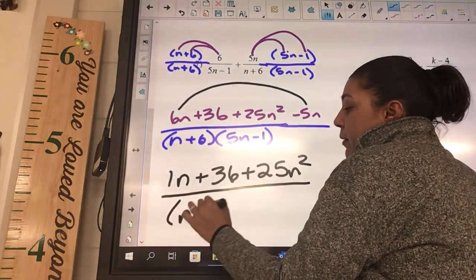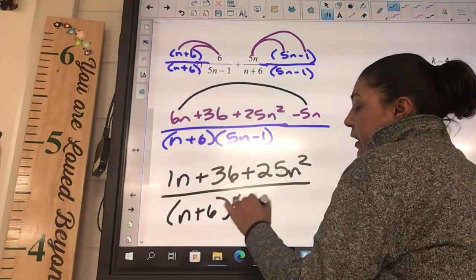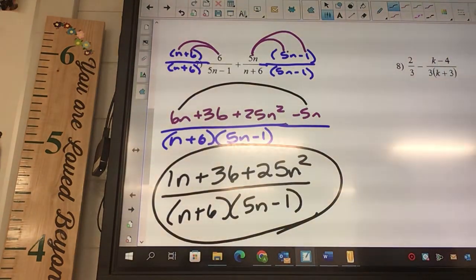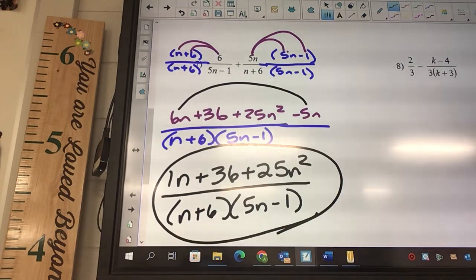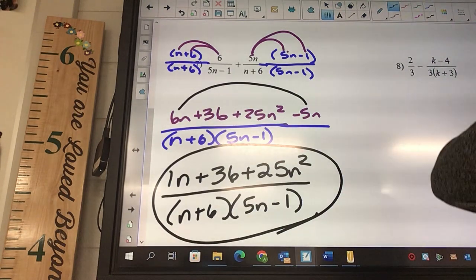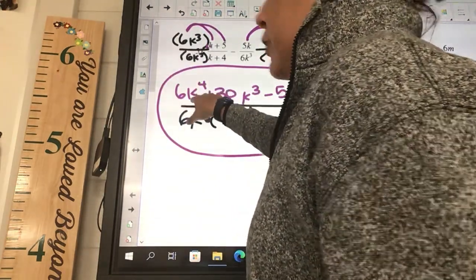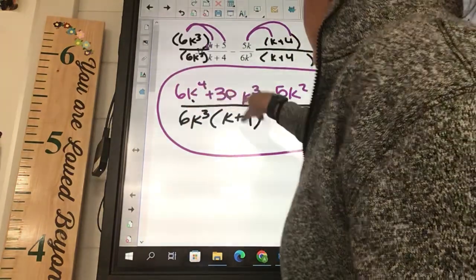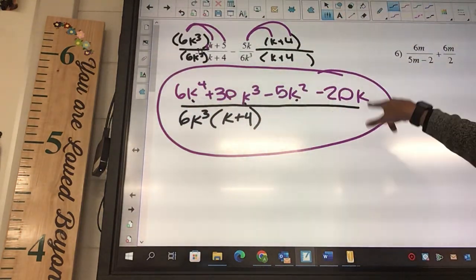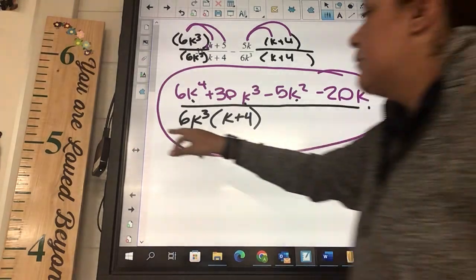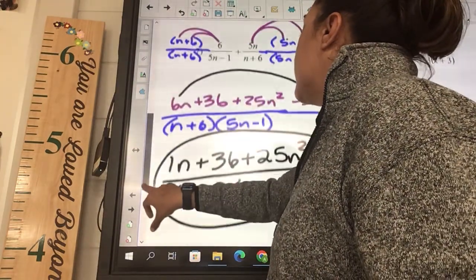And on the bottom, I've still got that n plus 6 and that 5n minus 1. So the proper way would be 25n squared plus 36 plus 1n. Like if you look at this one, the k^4 should go first, k^3 next, k^2, k, and then lastly just a number with no letters with it. It's called a constant.